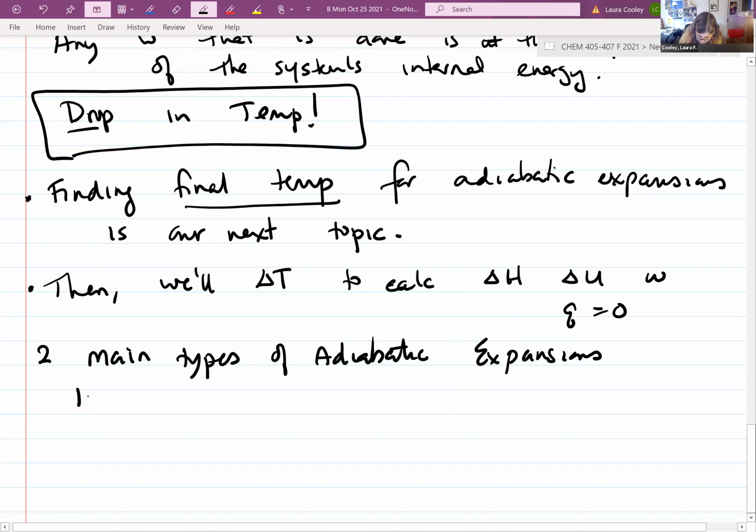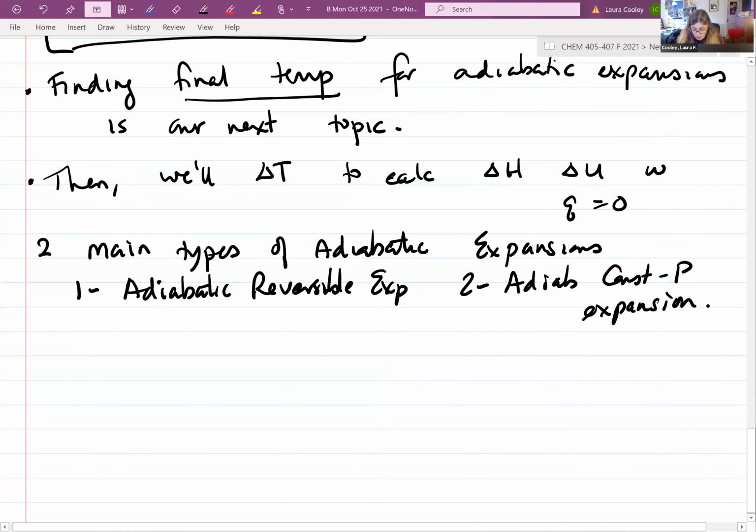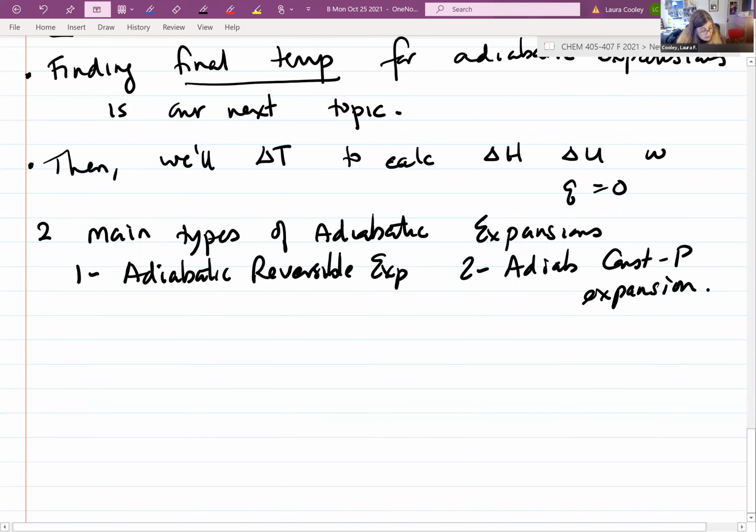The first is the adiabatic reversible expansion, and the second is the adiabatic constant pressure expansion. Okay, so we're aiming to get this delta T, so we have to find T2.